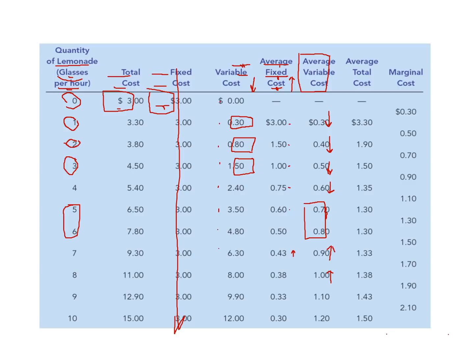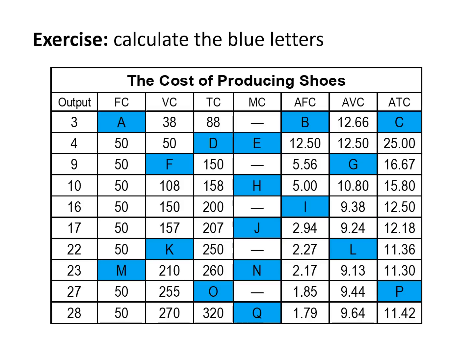What we can see is that the marginal cost will increase at the start, and it will continue to increase by an amount equal to the additional cost for each additional unit produced.